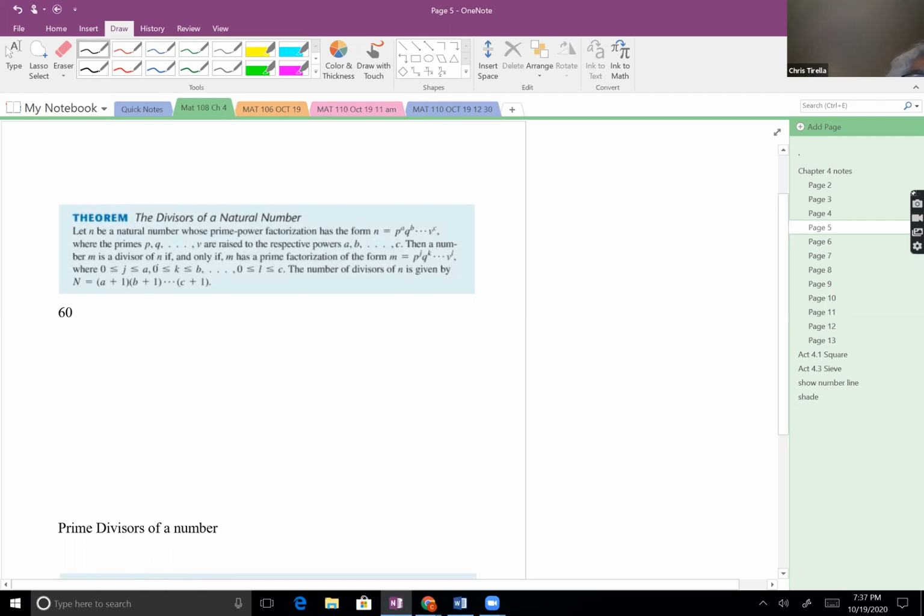A number m is a divisor of n if and only if m has a prime factorization of the form m equals p to the j, q to the k, r to the l, where j is between 0 and a, k is between 0 and b, l is between 0 and c. And the number of divisors is a plus 1, b plus 1, c plus 1, and take the product. What does all that mean?